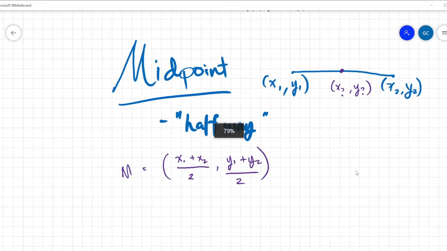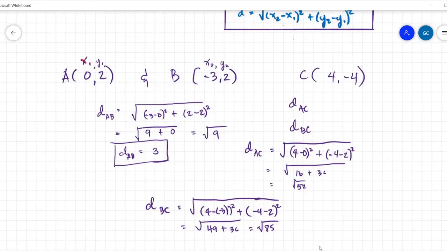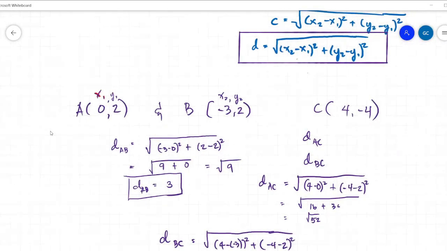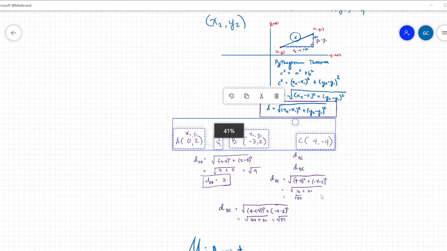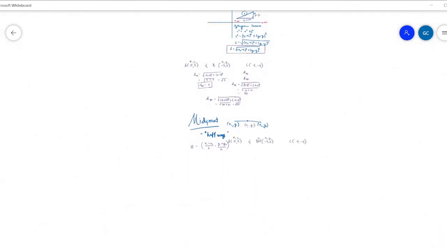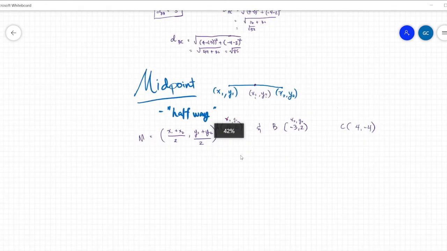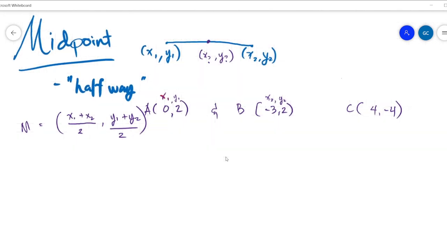So for example, if we use our earlier example, we need to get the midpoint of AB, the midpoint of BC, and the midpoint of AC.